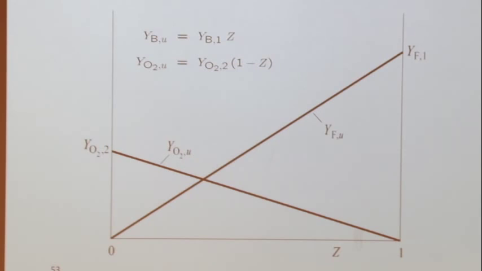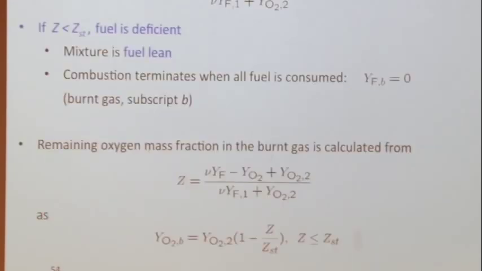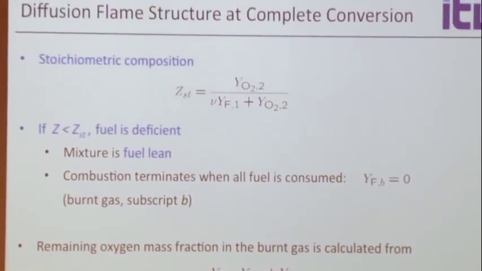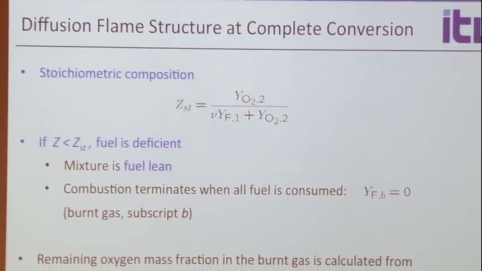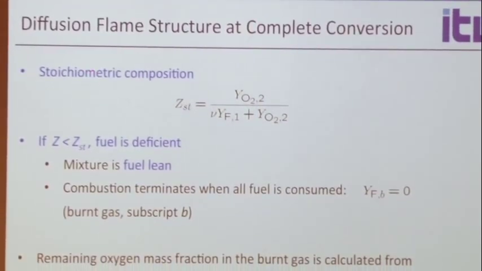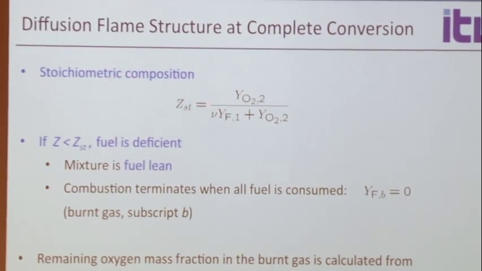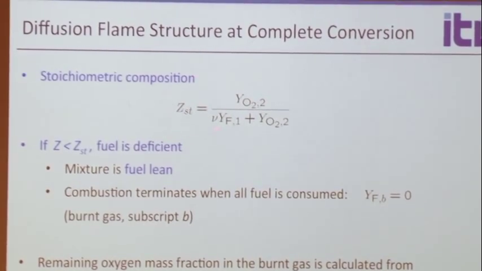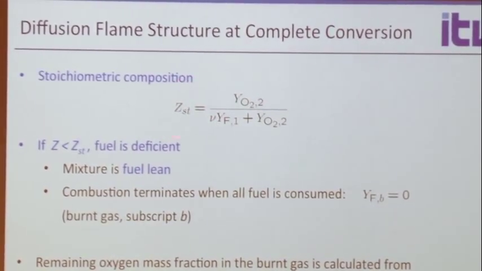So this is what happens before we ignite the flame, or in the lifted flame before you reach the actual flame. Now we want to look at what happens if it burns, and we can use these relations also to find that. We said earlier stoichiometric composition means stoichiometric proportions, this here.